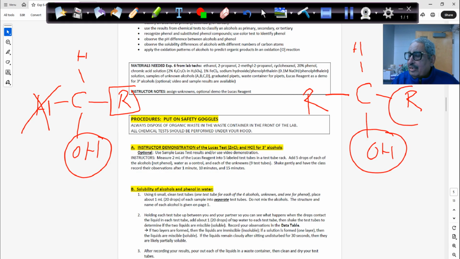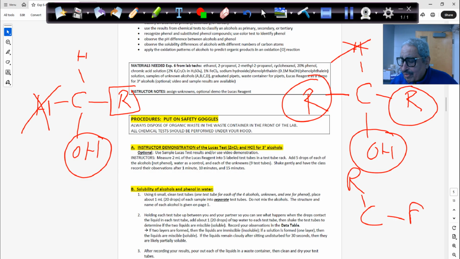That's called what? Two groups. That's secondary. Then if I say, okay, let's replace this one here as well. So R, OH. That will be then tertiary. This is secondary, this is tertiary, this is primary.